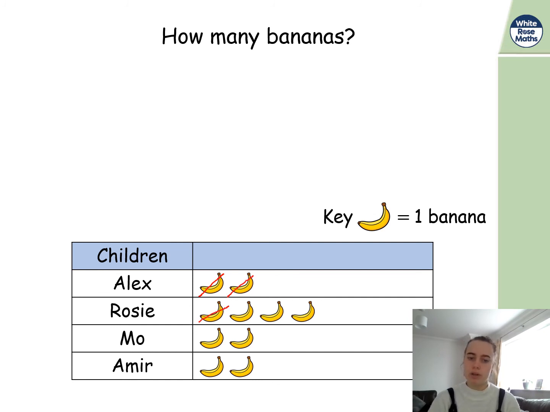She's got 1, 2, 3, 4 bananas. How many does Mo have? He's got 2. How many does Amir have? He's also got 2. Can you work out how many bananas there are in total? 2 add 4 add 2 add 2. That's in fact 2, 4, 6. Add another 2 lots of 2. 2, 4, 6, 8. 10 bananas in total.